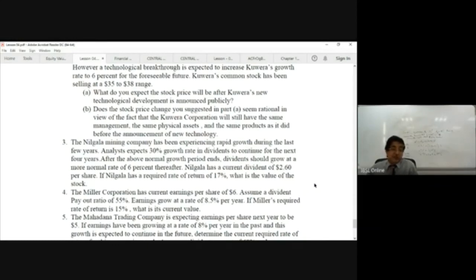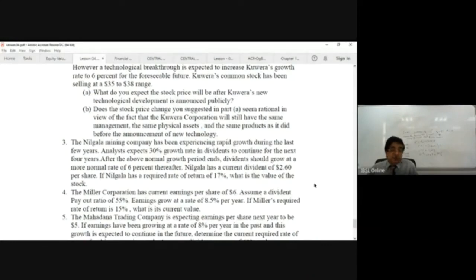How can we do that? You can look at the growth rate, which is 30%, whereas the required rate of return is 17%. What is happening here? The dividend growth rate is higher than the required rate of return. Therefore, we are not in a position to apply the one-stage dividend model for this particular problem. So invariably, we have to go for the two-stage model.